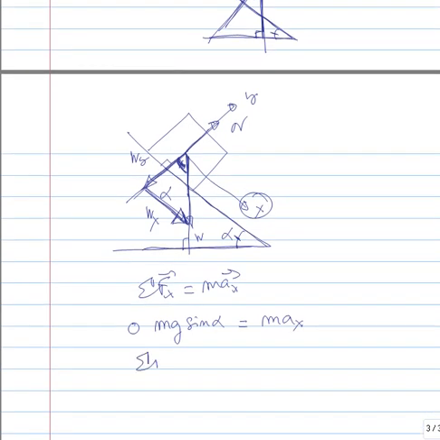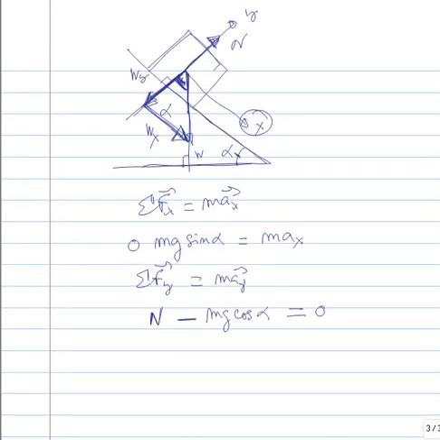Similarly, I can do it in the y. Sum of the forces is equal to may. In this case, N minus mg cosine alpha, because this is the adjacent, which is the cosine. It's going down, opposite to my y, therefore negative sign. N is already aligned with y, therefore positive N. Now I know that my system is sliding down, therefore it's not being accelerated in the y direction.